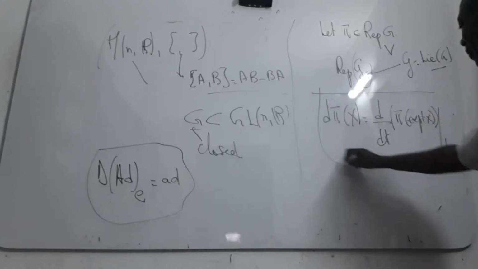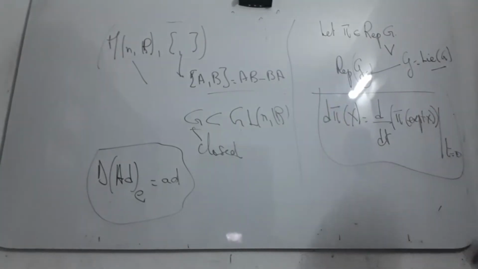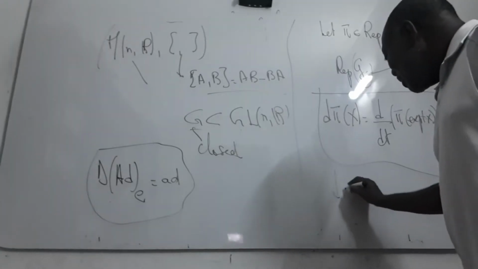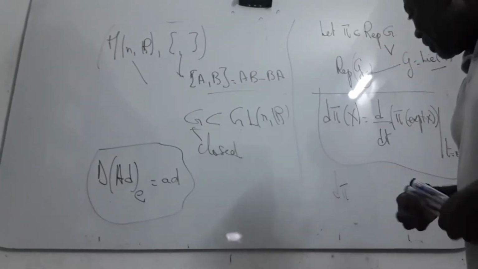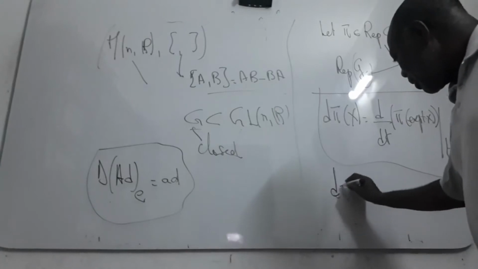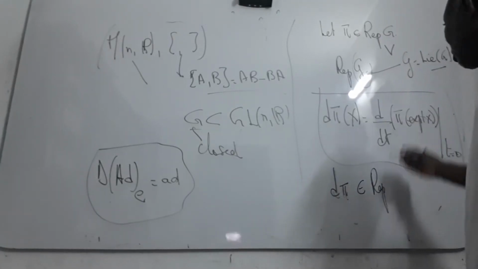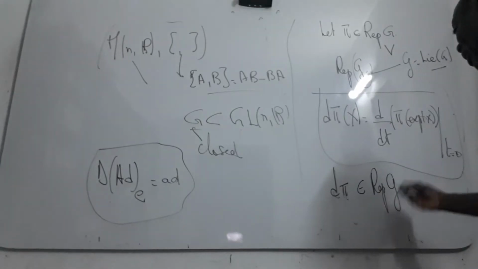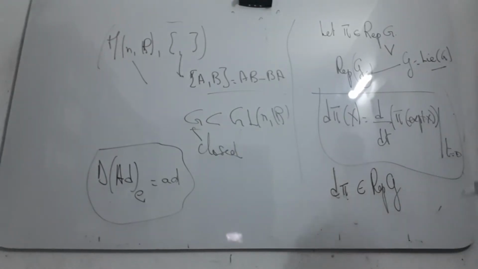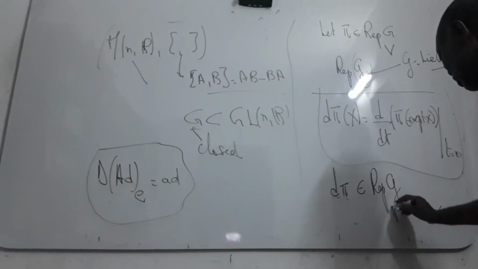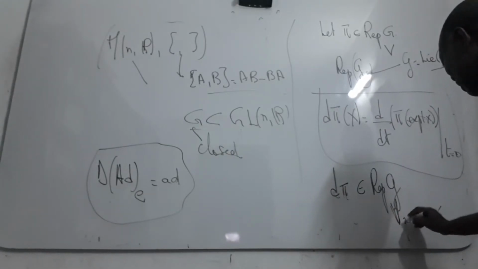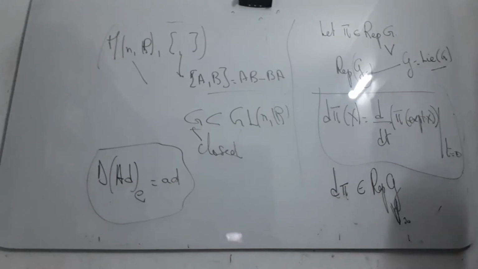Then you can prove that d pi is exactly a representation of the Lie algebra into some vector space, the differential of this one. So it's also a representation.